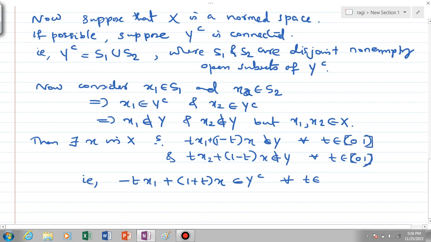We can also write it as the open interval 0, 1, since x1 and x2 are not in Y. This is true for all t in the closed interval minus 1, 0. That is, in the first equation we replace t by minus t, so as t ranges 0 to 1, t ranges over minus 1 to 0, and the second equation is t x2 plus 1 minus t into x is an element of Y complement for all t in 0, 1.